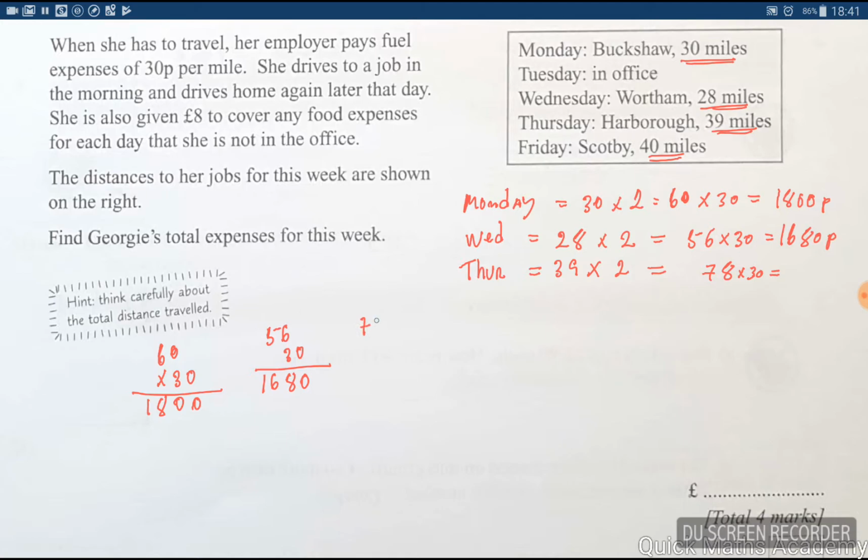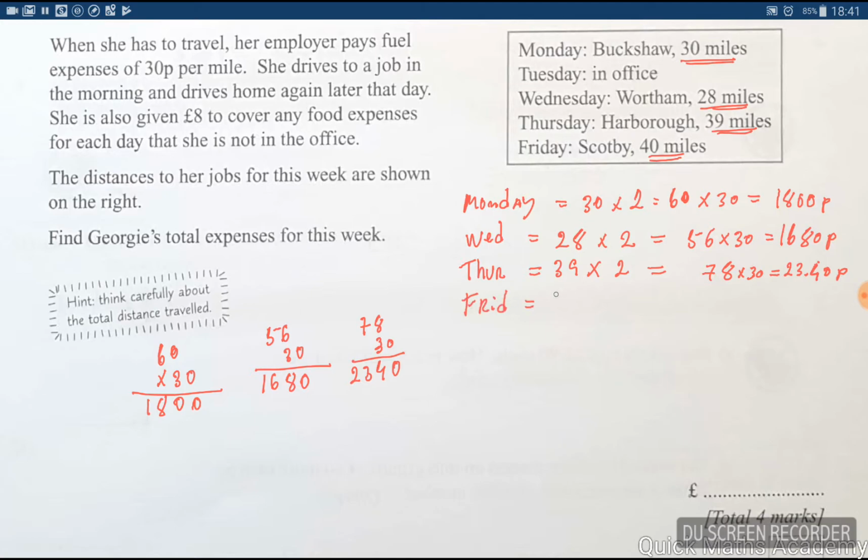Let's do it here. 78 times 30p. 3 times 8, 24. We have a spare 2. 3 times 7 is 21, plus 2 is 23. You agree? So £23.40, or 2,340p. And we are only missing Friday.